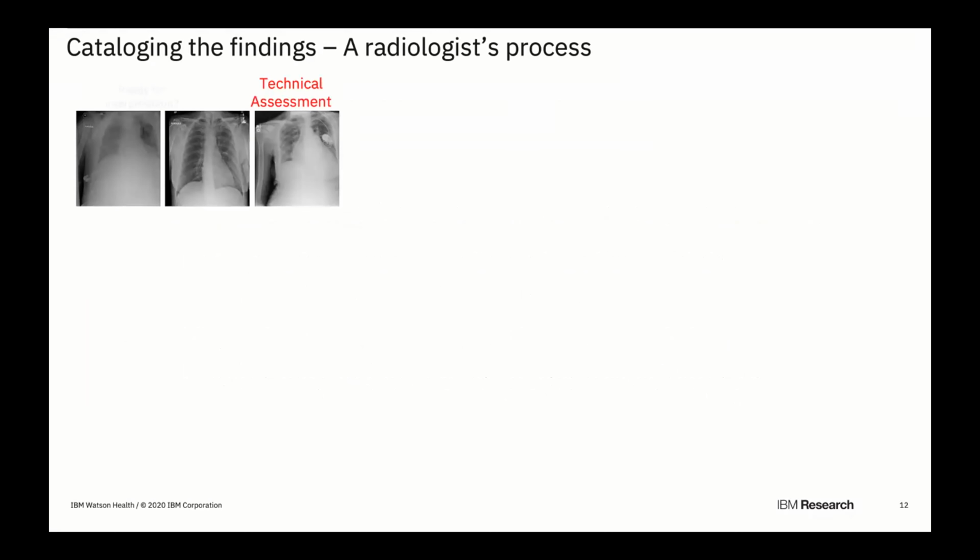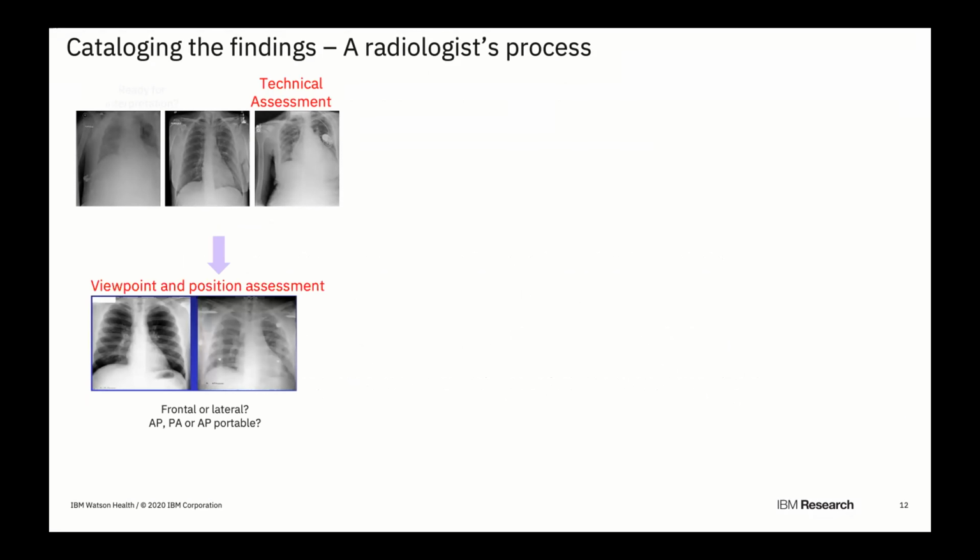So you can see that a radiologist would first see whether the image is ready for interpretation from a technical assessment standpoint, whether it is underexposed, overexposed, whether the viewpoint has included the majority of the regions that were supposed to be evaluated and so on.